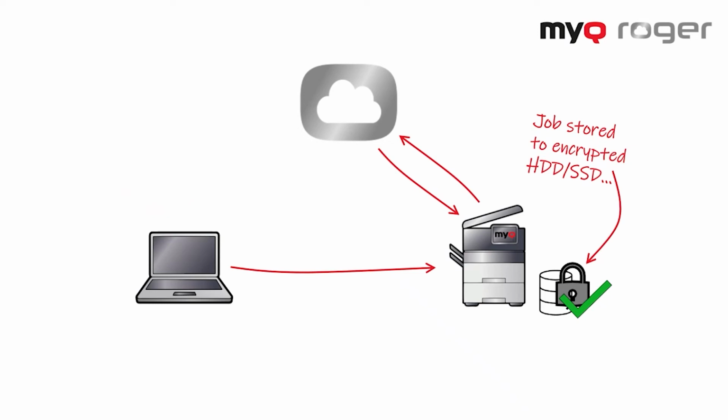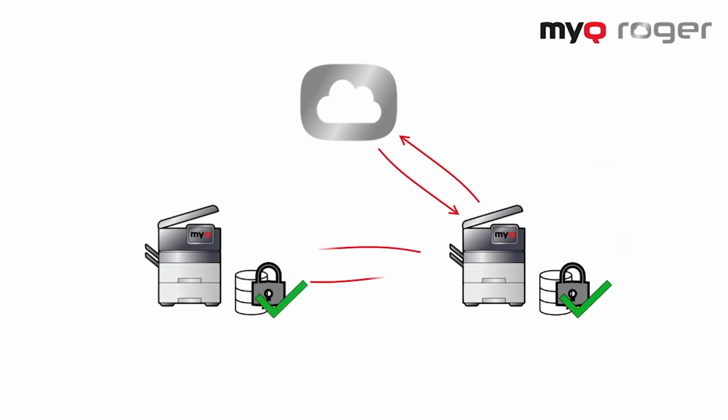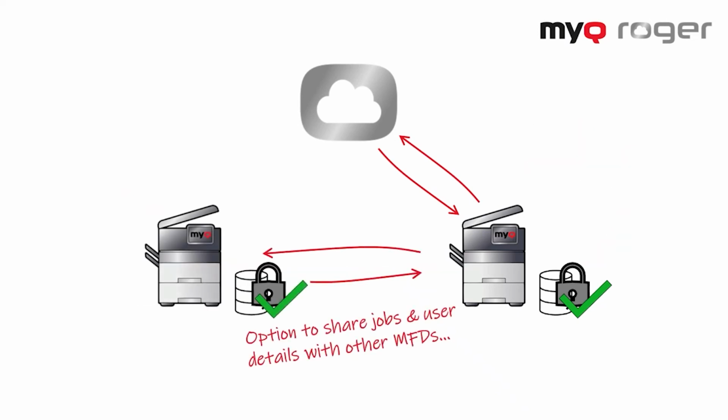An important thing is when it's done, the device itself will generate a metadata file that is sent to your tenant, and that way it can also be available on your mobile phone. So if you're on a mobile, you can see the jobs that are stored locally on that device. But those are not all the advantages of this feature, because another one is that the device is able to share the jobs with other devices within the same subnet.